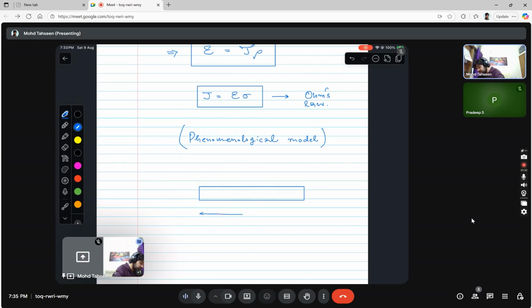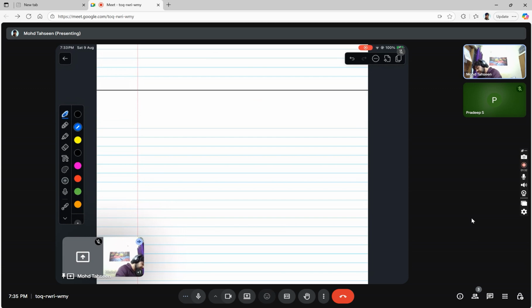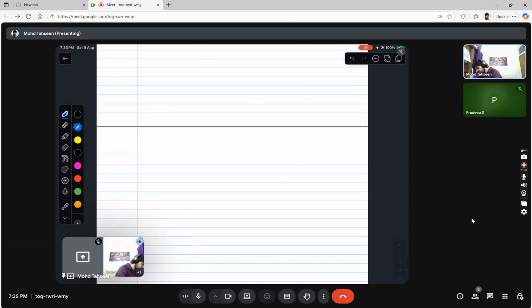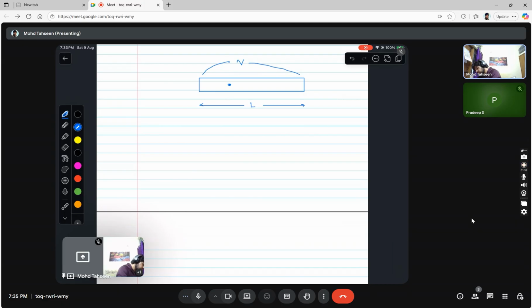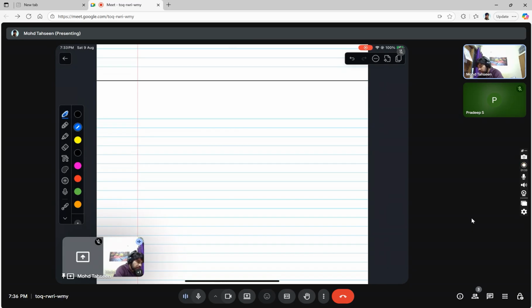Okay, so this is my sample, its length is L, and I apply a voltage V across it such that there is an electric field set up. Now let's say there's an electron inside this conductor, and I want to calculate what is the force applied on that electron.